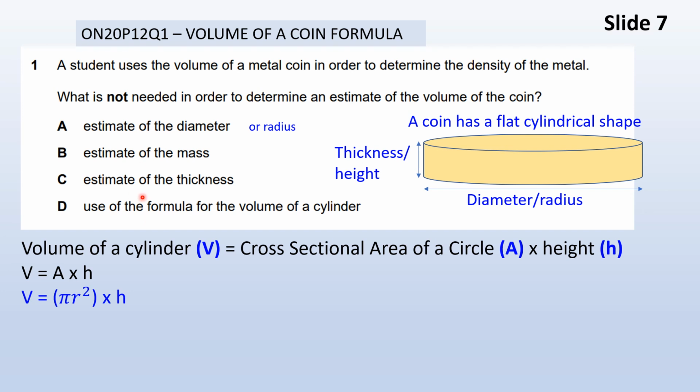So let's take a look at the options. Option A, estimate of the diameter or radius. Yes, we need it in order to calculate the volume, because here it is not asking for the density, it's asking for the volume of the coin. What is not needed to determine the volume of the coin? Here is the final formula for volume in this case. Would you need to estimate the diameter?